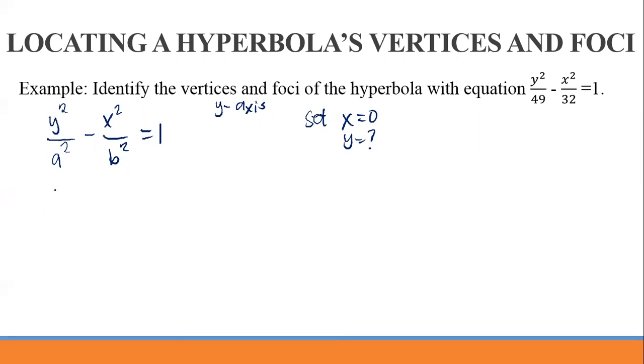Since we set x as 0, y squared over a squared minus 0 squared over b squared equals 1. And then y squared over 49 equals 1. Wait, this is 49 and 32.